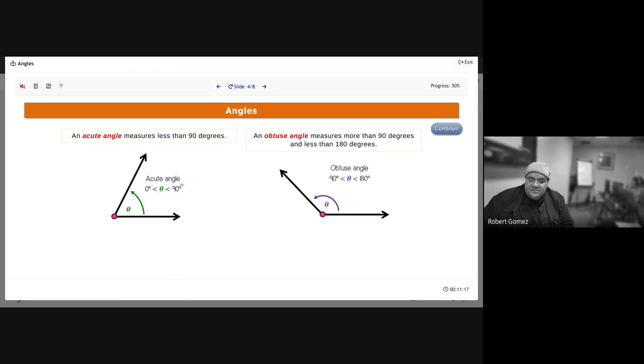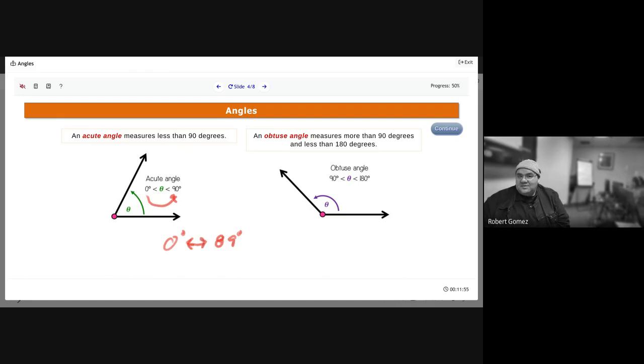But this is a way of saying this right here. So an acute angle measures less than 90 degrees. Basically, it's somewhere between 0 degrees and 90 degrees, right? It has to be less. And that does not include 90, okay? That does not include 90. So really, it'd be somewhere between 0 degrees and 89 degrees. Okay, so somewhere in there.